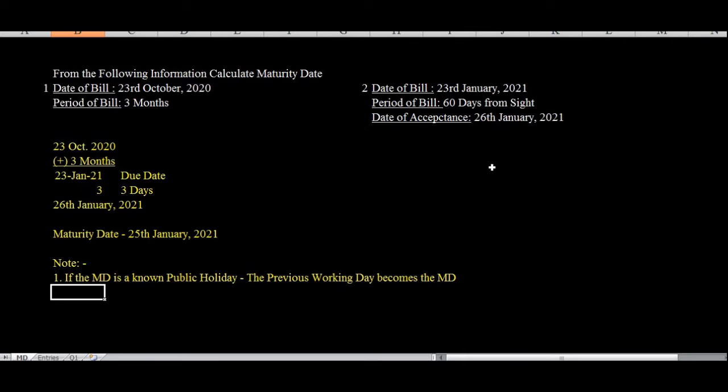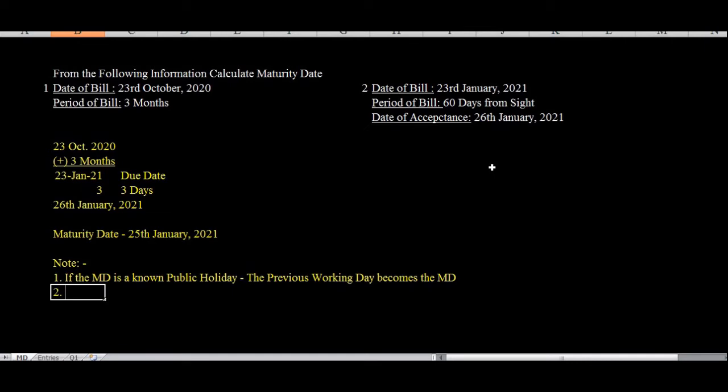Now 26th of Jan, every Indian is aware, is a holiday. It's a known public holiday because it's our Republic Day. That is the reason why we took the earlier working day, assuming that 25th Jan 21 was a working day.